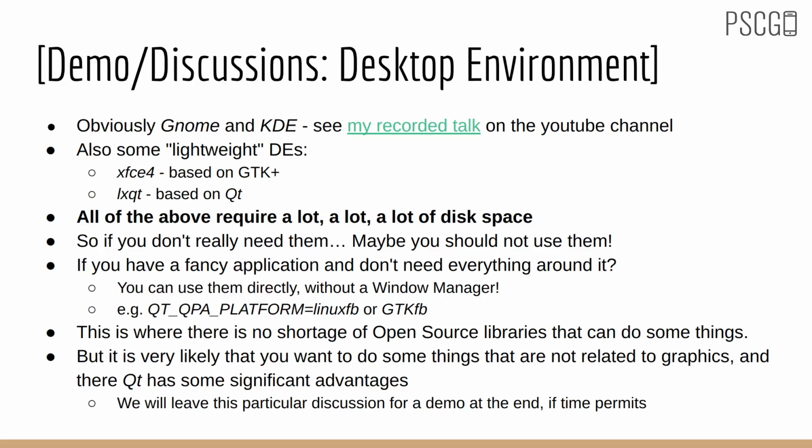And one of the nice things about the other framework, Qt, is that it is very powerful. We already saw that we can run it from the desktop. But one of the nice things is that GTK also has a way to run things on the Linux framebuffer. But let's be honest here, nobody expects you to run without a desktop environment, or at least without a window manager, okay?